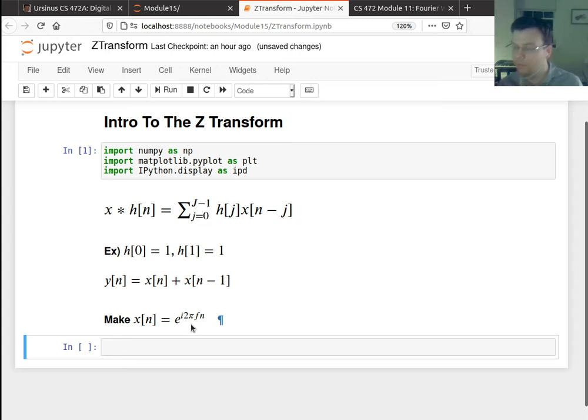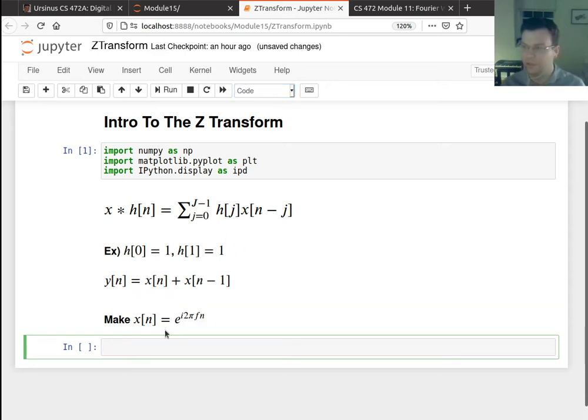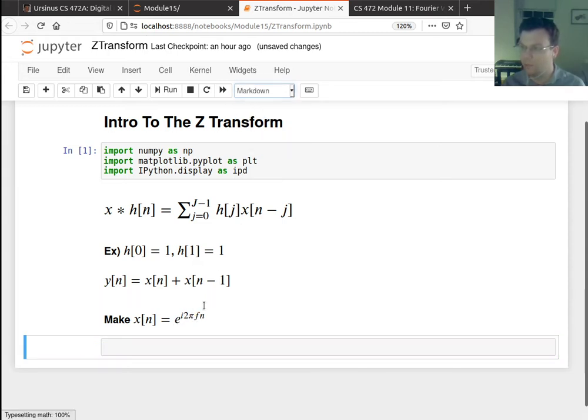Let's make x of n that and see what happens. This is actually called z, by the way. They refer to the phasors as z. That's why it's called the Z transform. Any phasor, this f can be anything. But I'm going to use a shorthand, which is commonly used, and it's going to make it much less tedious to write my equations.